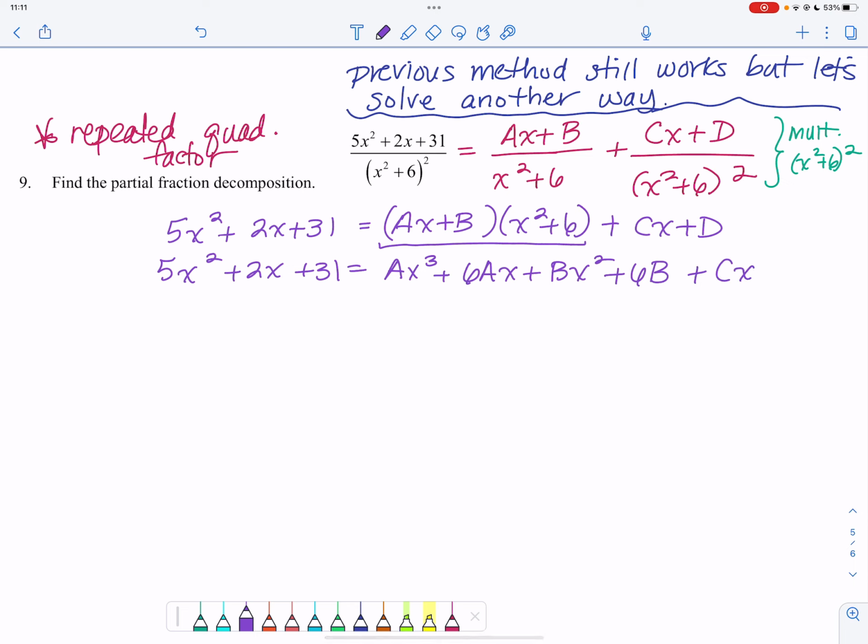And we still have cx plus d. I'm just showing that that's what we multiplied. Okay, so what we're going to do is gather like terms. And this is the method that's in your book.